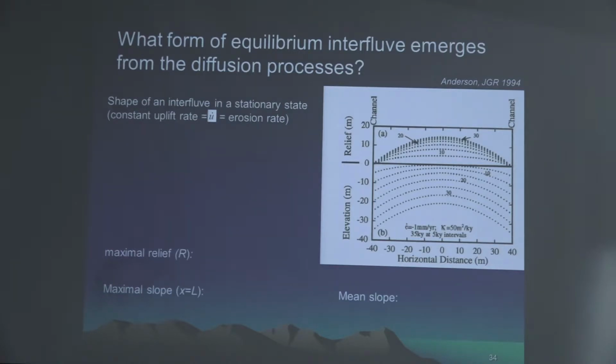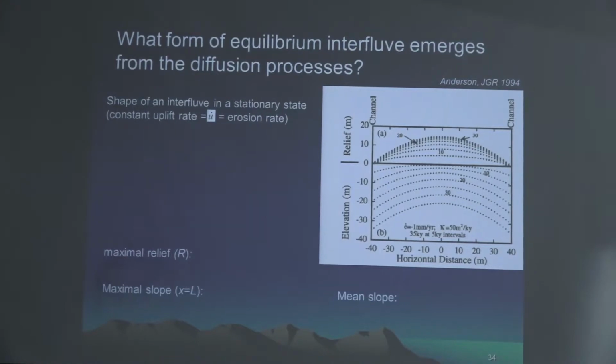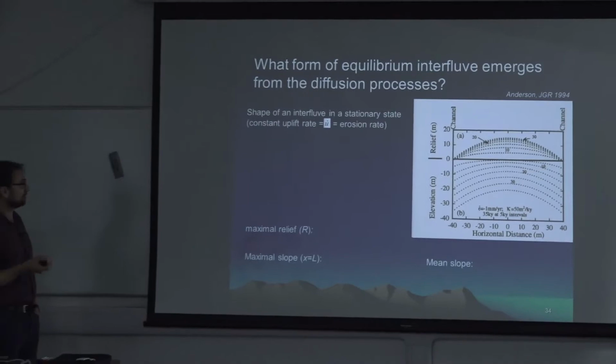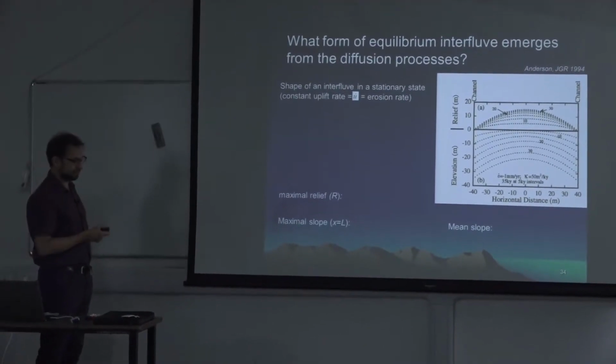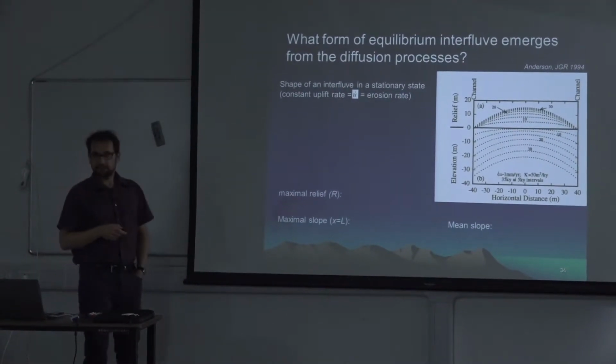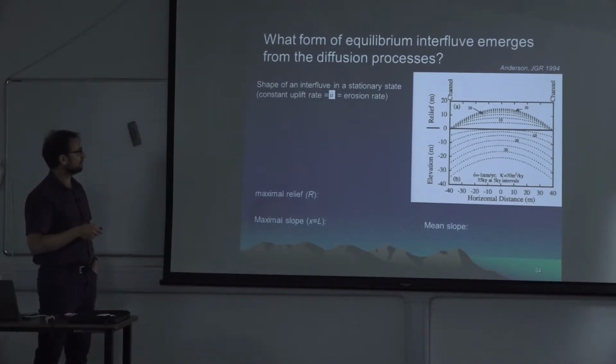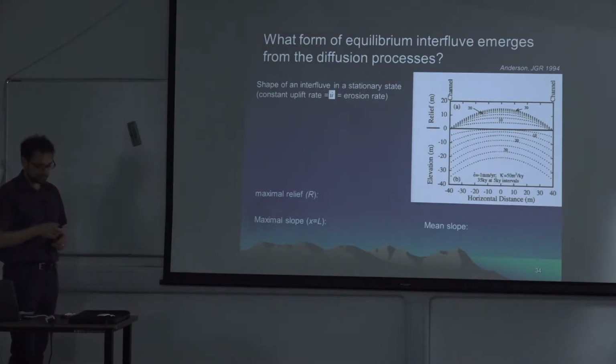So we have an equation describing the evolution of the slope, so we can have the question in mind: what's going on in such or such situation? For example, what kind of landscape can emerge in a steady hill slope affected mostly by diffusional processes?